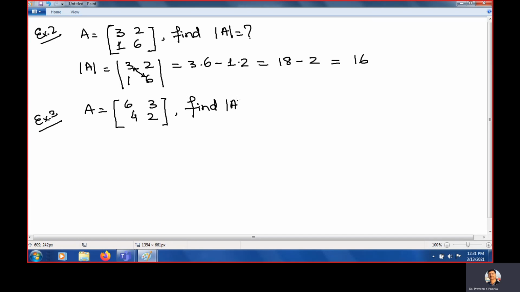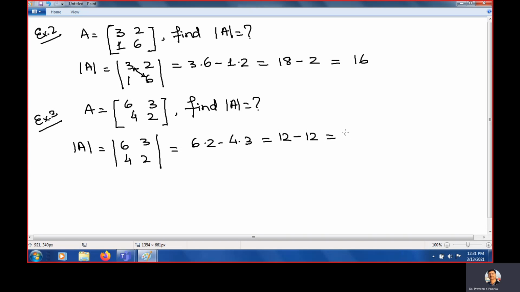You need to find the value of determinant of A. It is 6, 3, 4, 2 and equals 6 into 2 minus 4 into 3. 6 into 2 is 12 minus 4 into 3 is 12. The value is 0.